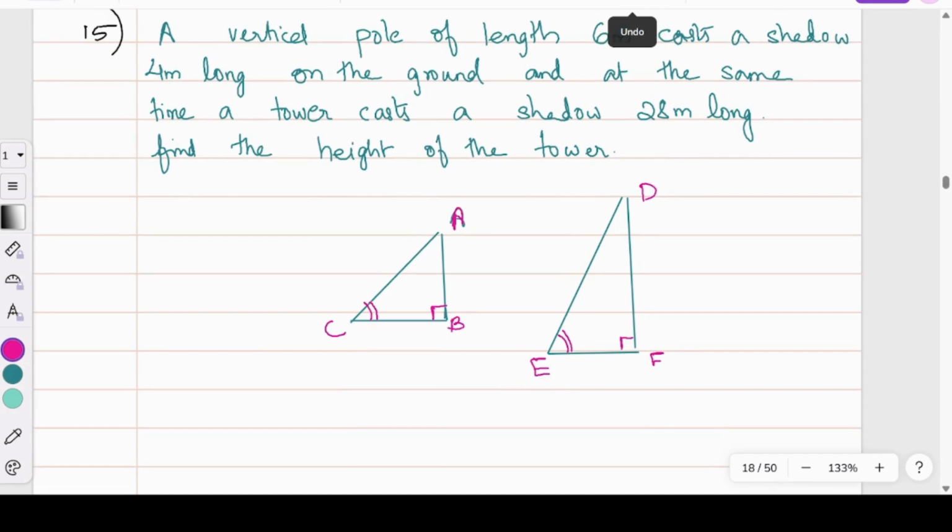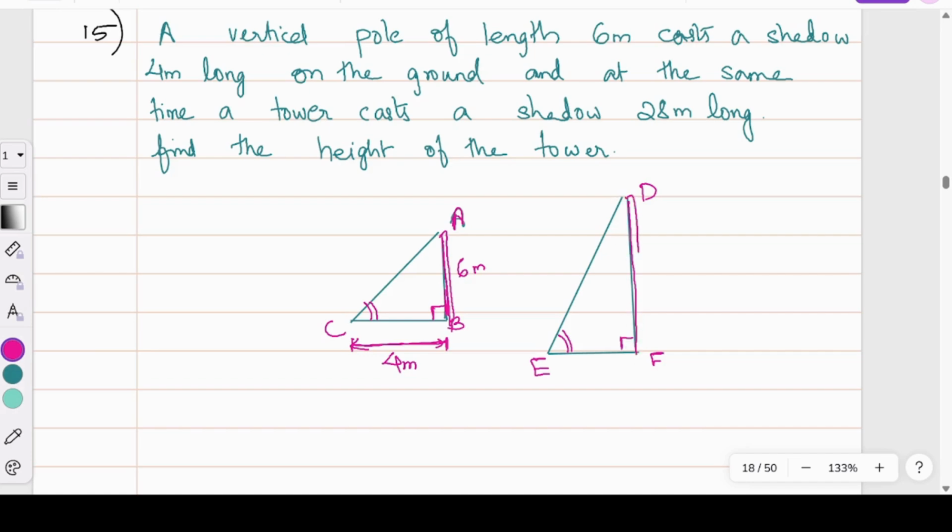So here they are telling that let AB is the pole. Okay, its length is how much? Length is 6 meter, and it cast a shadow. This BC is the shadow, and its length is how much? It is 4 meter long. Okay, then it is on the ground, and at the same time a tower cast.